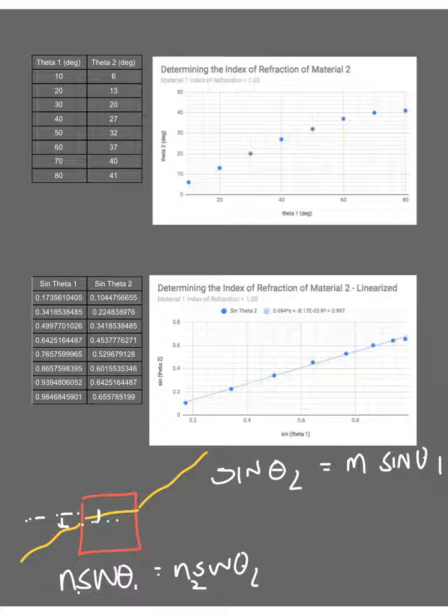Basically what we can do is take this equation here and plug it in for this equation here. And if I do that, what you get is sine theta 2 equals n1 over n2 times sine of theta 1.